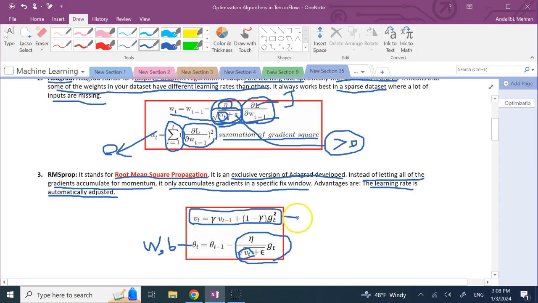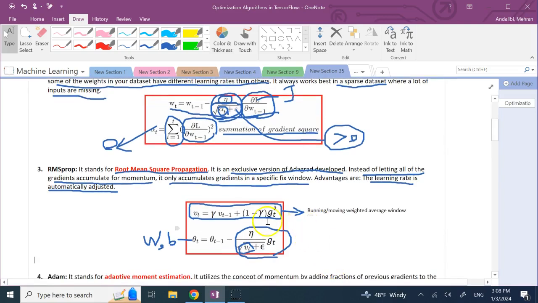You see, so this makes a moving average window, or a running average, you might call it. And it's not really an average, it's a weighted average. Okay, so you see the effect of the current gradient is 1 minus gamma, and the effect of previous ones is gamma.